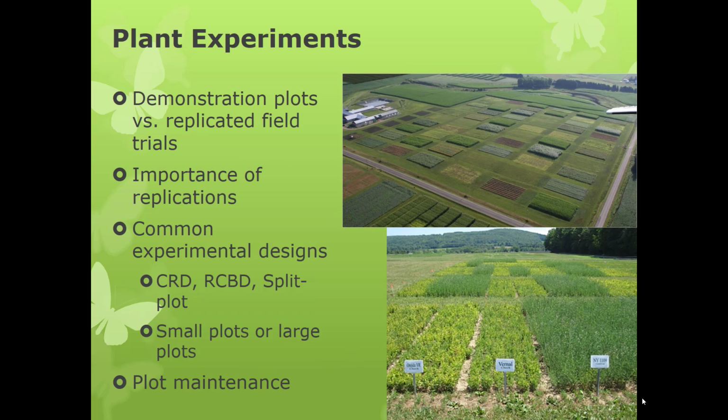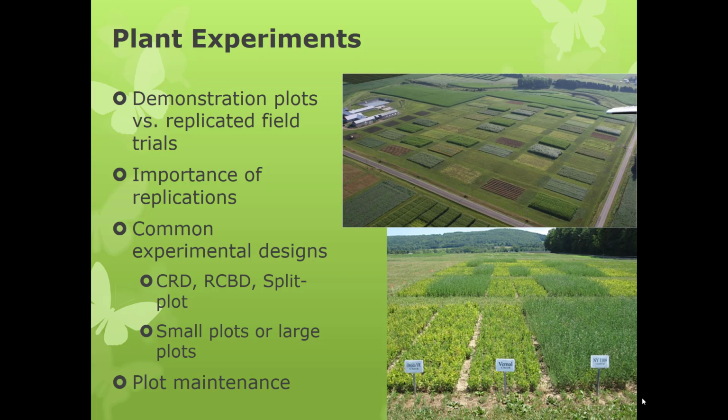All right, so let's dive into the plant side real quick. In plant experiments, you really have to consider the area that you're conducting the research in. Are you using just demonstration plots, or are you actually doing a replicated field trial? The reason this question comes up is because it all goes back to your audience.